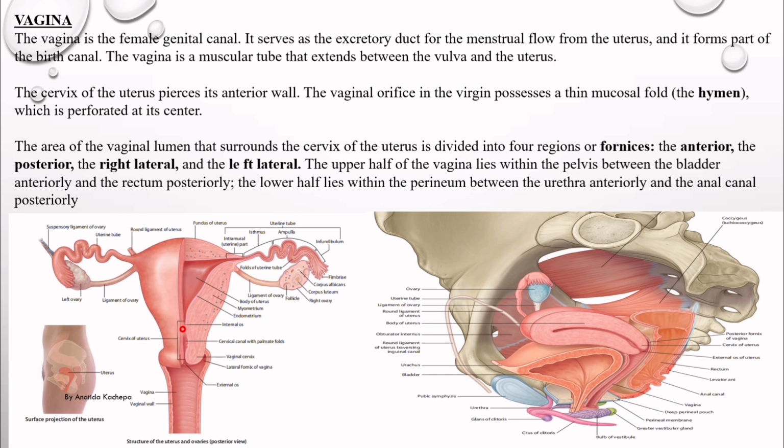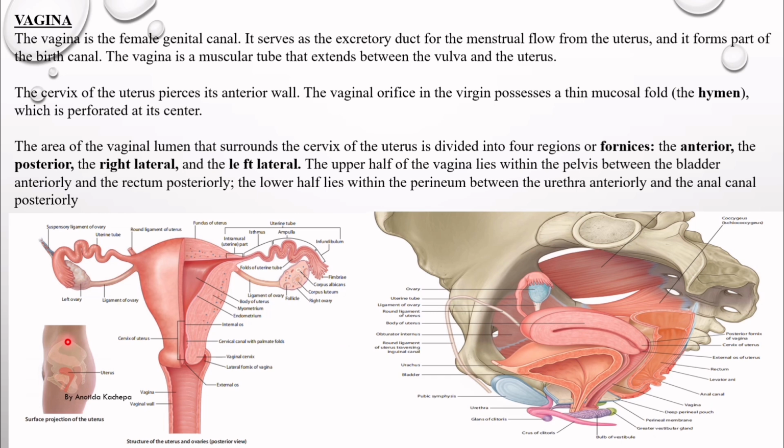It is pierced by the cervix to form these fornices, where it has the anterior fornix and posterior fornix, if we are looking at the medial view. Then if we are looking anteriorly, it will have a right fornix and a left fornix.